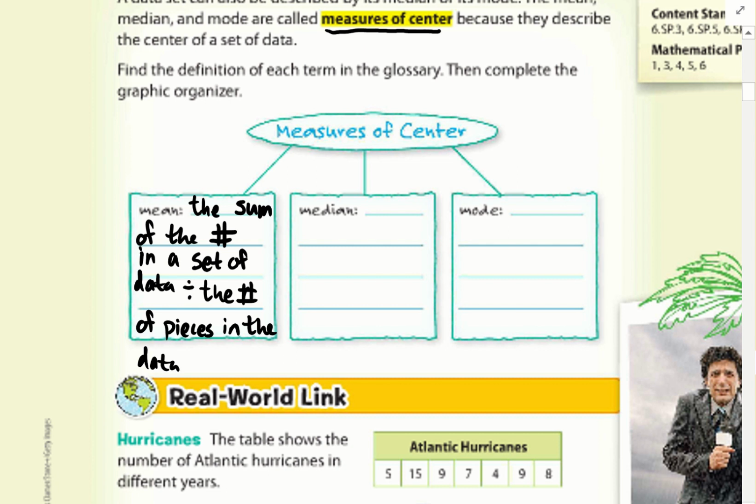So the median is the value at the center of the data. The mode is the number that appears the most.